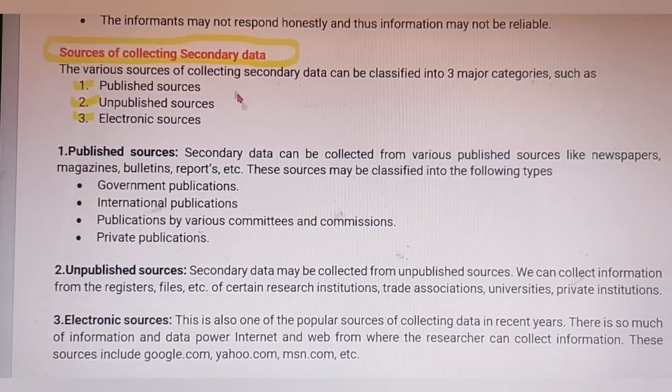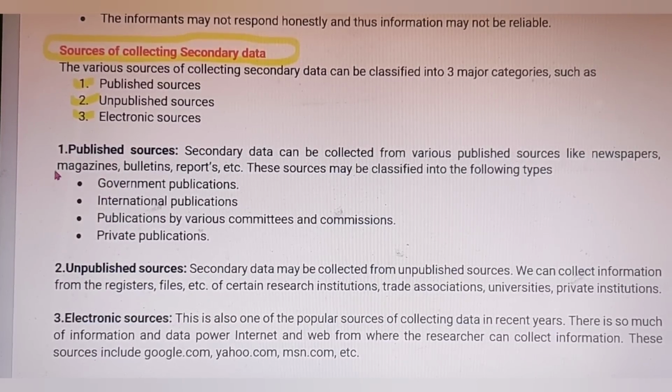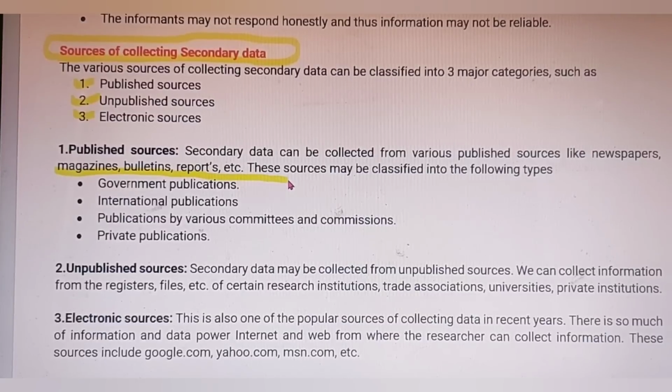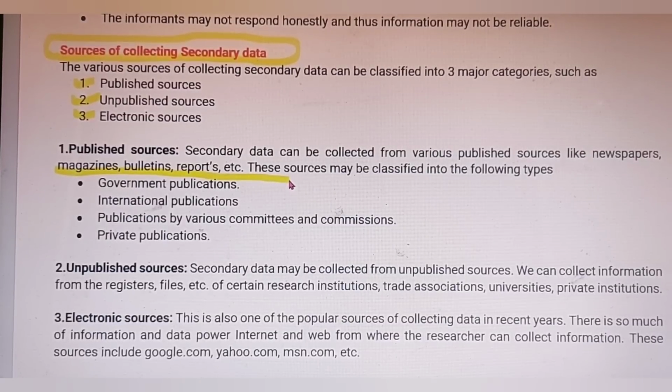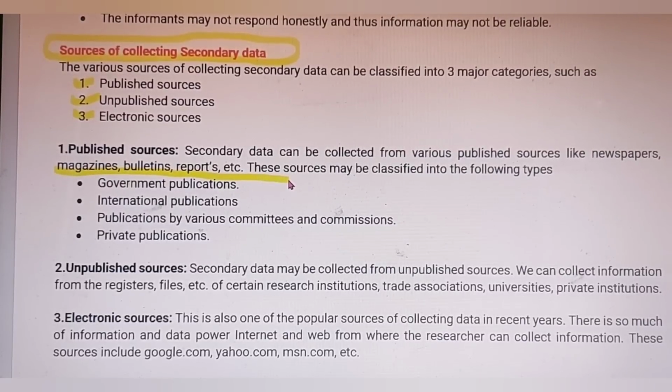As you know, published sources are all public sources like newspapers, magazines, bulletins, reports. All these are published, whatever is published in these papers, so they are one of the sources.